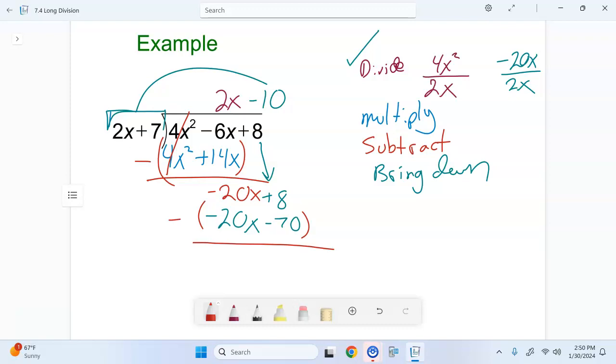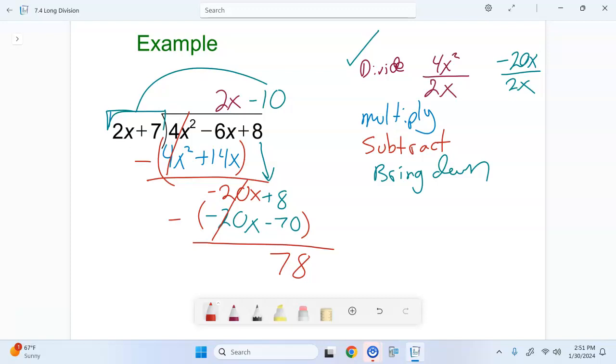0. 8 minus negative 70. Careful with that subtraction. 8 minus negative 70 is the same as 8 plus 70. You get 78. Can I divide 78 by 2x and not end up with a fraction?